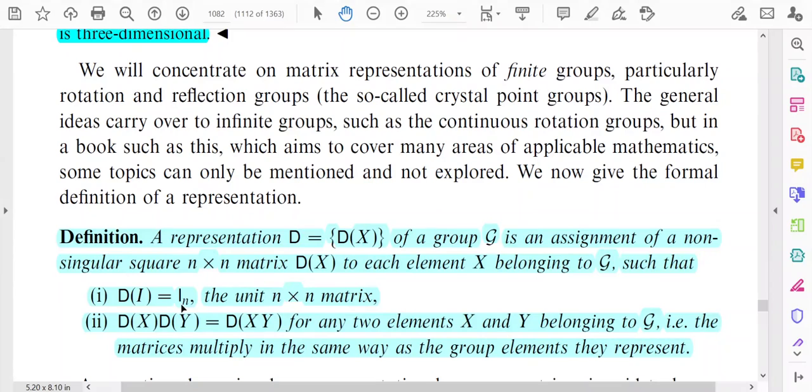So what will be the representation matrix for the identity element? That is D of I, and D of I is equal to In, where In means the unit n by n matrix.